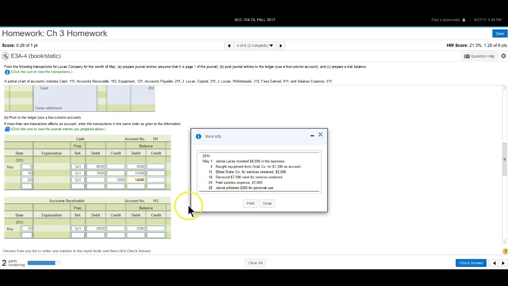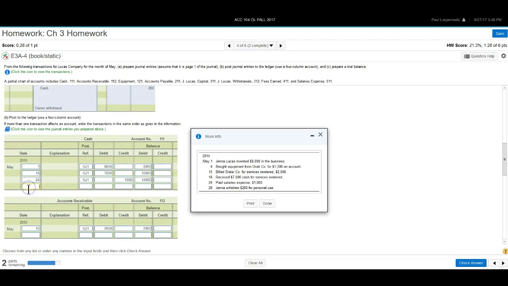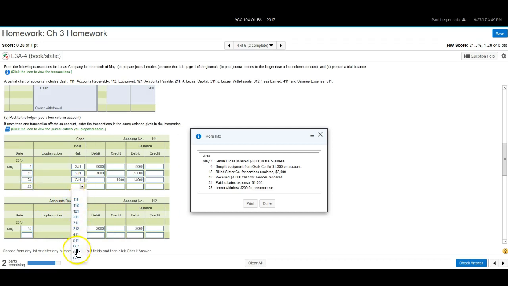They mentioned the 28th. Let's make sure I got that in there. Look at me. Well, what a space shot I am. I don't even have the 28th in there. Oh, my God. All right, so what occurred from GJ1? All right, I have the reference, and what did I do? I took out $200. It's in the journal. I just blew it.